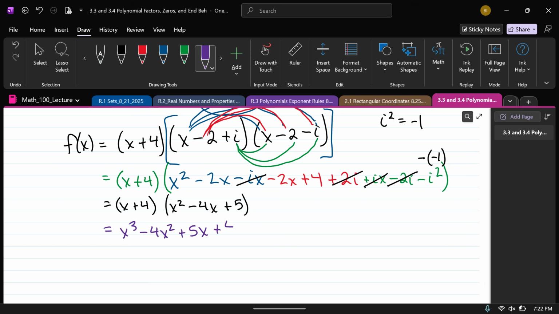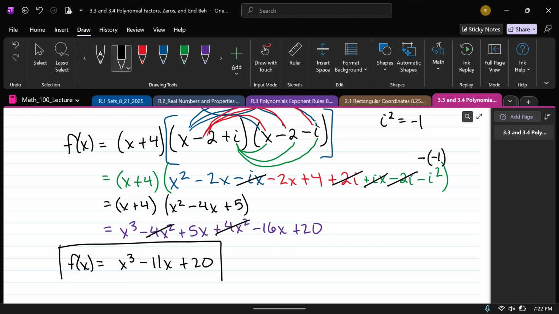So that's a positive 4x squared, that's a negative 16x, and that's a positive 20. And then combine your like terms and you get your polynomial. x cubed, these two cancel each other out, that's a negative 11x, and plus 20. And there's our polynomial.